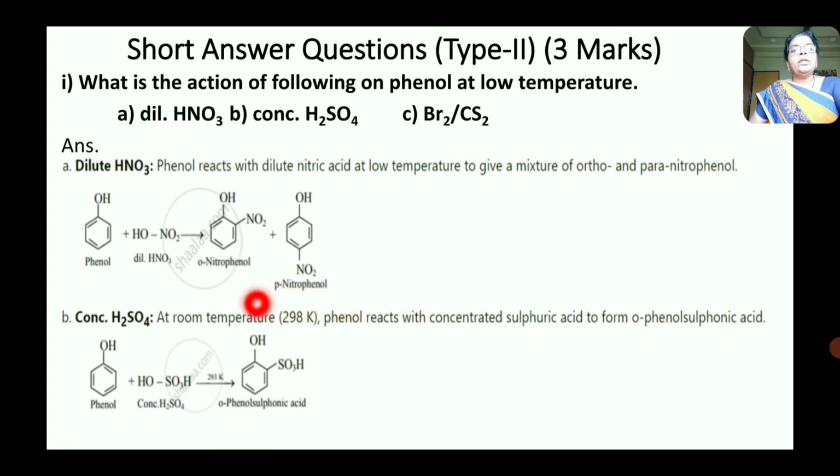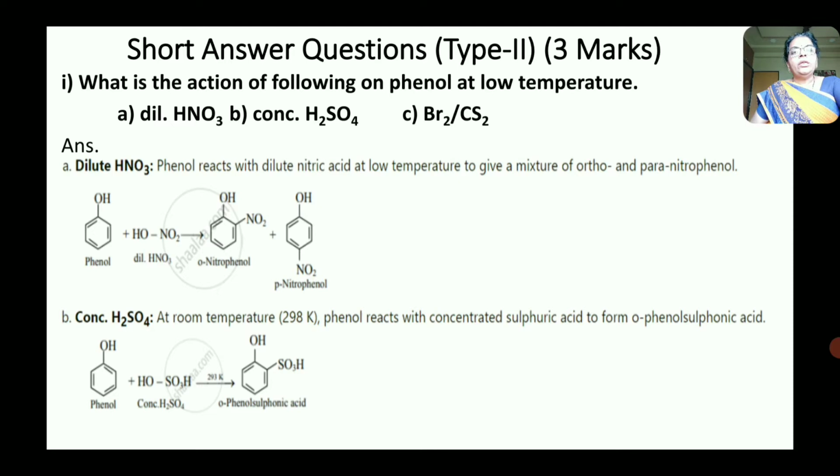Major product is orthonitrophenol. Then second, concentrated H2SO4, when it is treated with phenol at room temperature, then here sulfonation of phenol is carried out and formation of orthophenol sulfonic acid takes place.